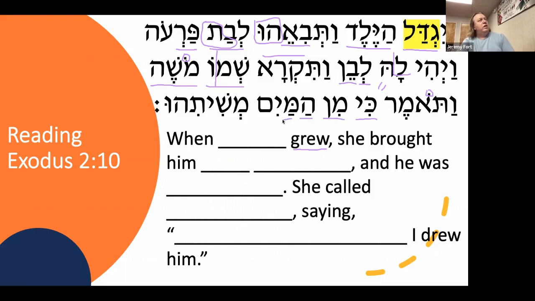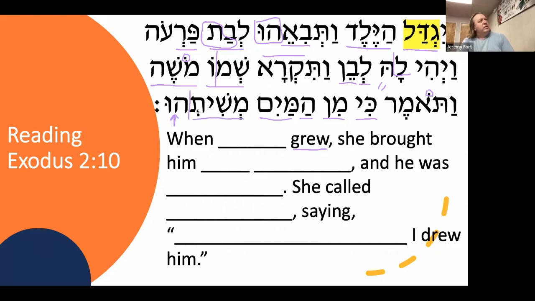What's this word? Water. Mayim, from the water. This is a hard one. You won't know this just yet. This is a pronominal suffix on this end right here, and this is our verb form.